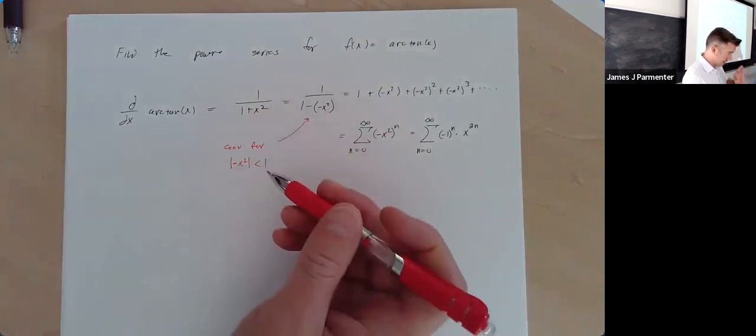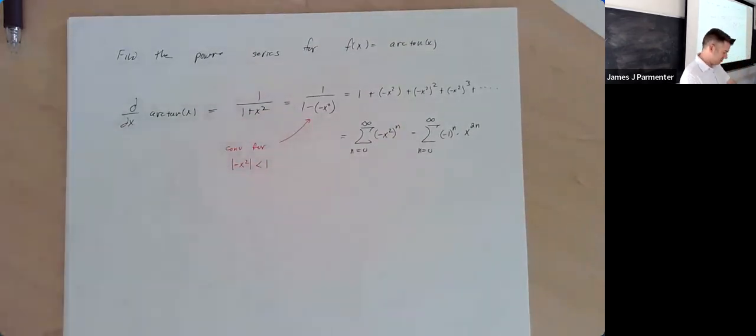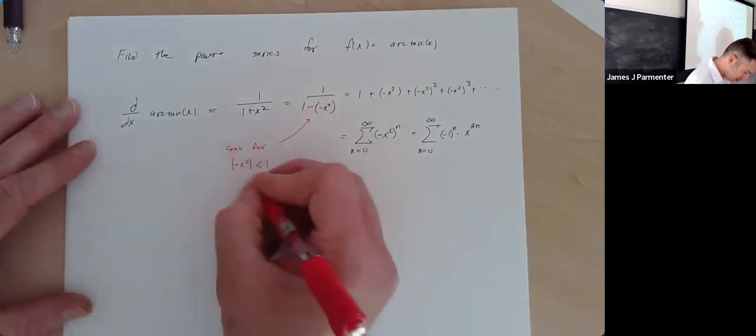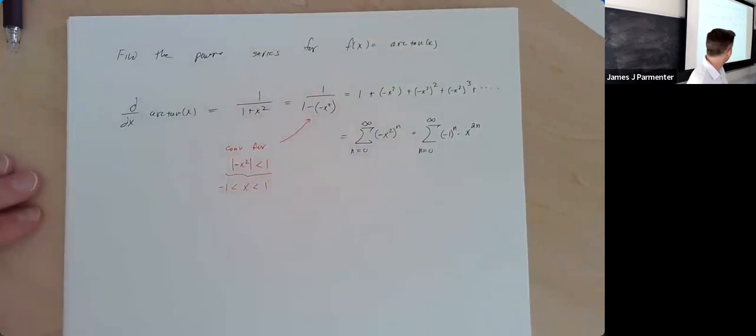Geometric series specifically never converge at the endpoint. So here we can say, great, that just means that x is between negative 1 and 1. Right, x can't be bigger than or equal to 1 or less than or equal to negative 1, because then it'll just be too big or too small. Okay, so we expect that our new series is also going to converge on the same interval and maybe at one or both of the endpoints.